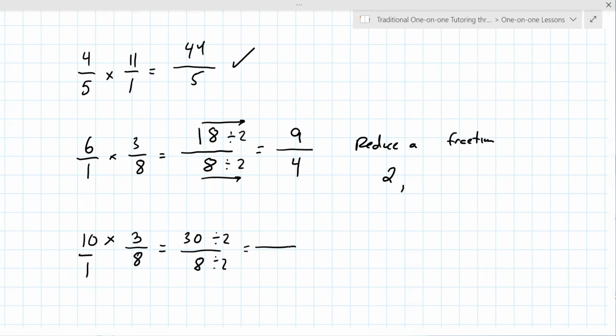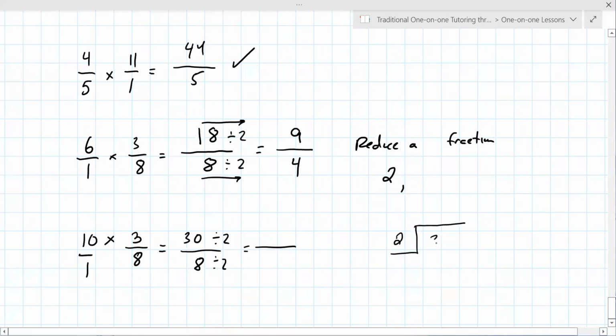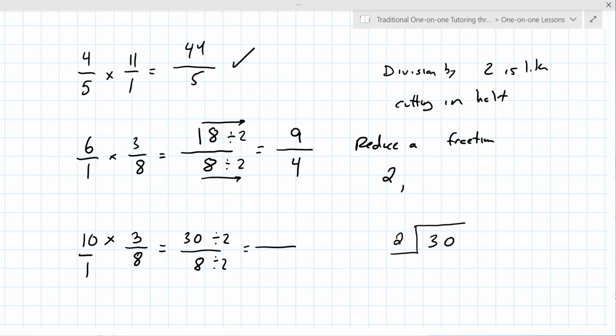Well, then you go to long division here. 2 into 30 like this. Or again, you think about dividing by 2 means cutting it in half. Division by 2 is like cutting in half. Okay. No, you've got to find the answer.